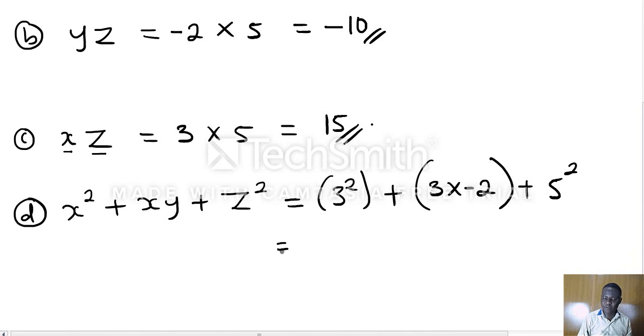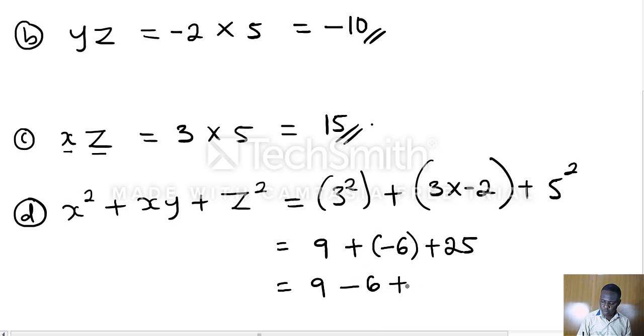Now you simplify this after you must have substituted. 3 squared is equal to 9 plus 3 times -2, that will be -6 plus 5 squared. 5 squared is 25. Simplify this further, this becomes 9 plus times -6 plus 25.